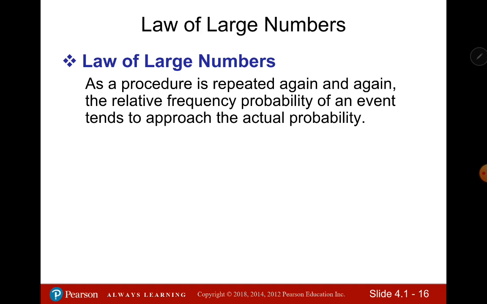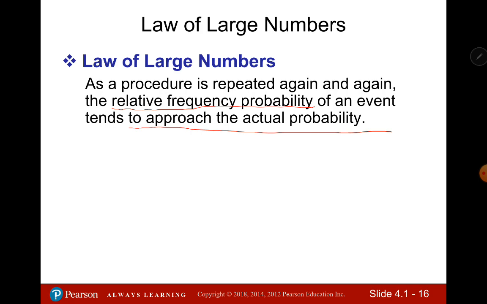So here we have a new rule, the law of large numbers. What is this law? It means for one procedure, if this procedure is repeated again and again, then the relative frequency probability tends to approach the actual probability.